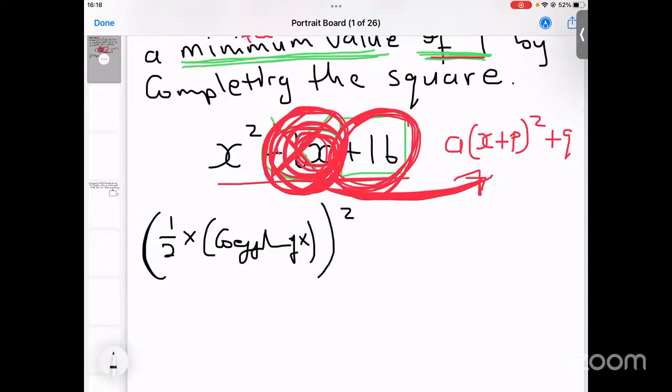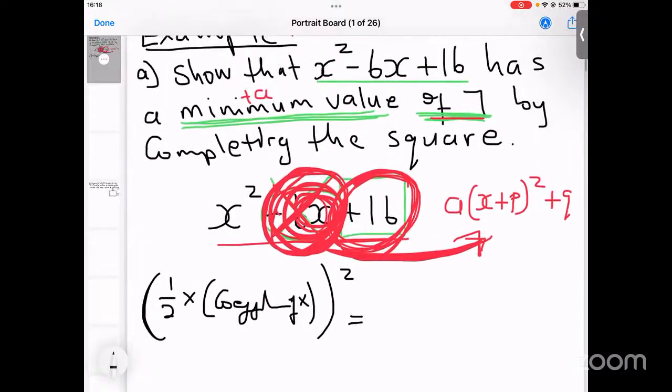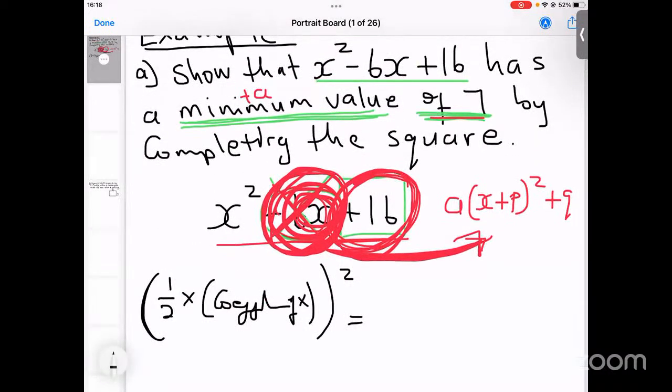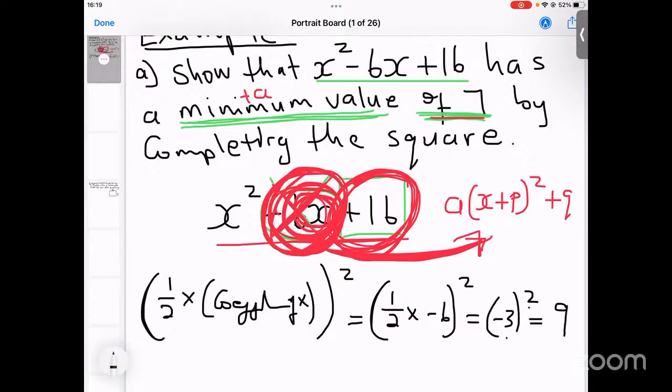So what is the coefficient of x? Is it not -6? So we are taking half of that -6, and then from there we will square that. What will that be? Will it not be -3? It will be -3 squared, and when you work it out, it ends up being 9.